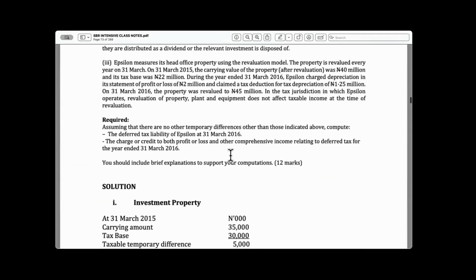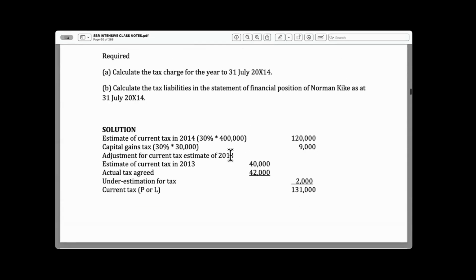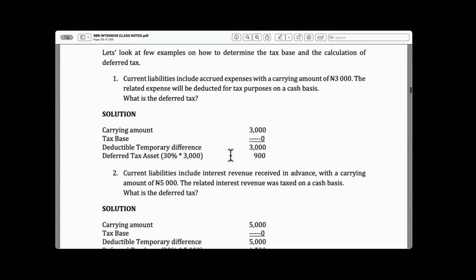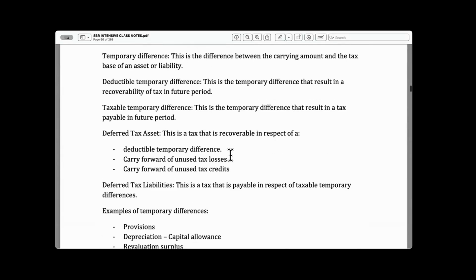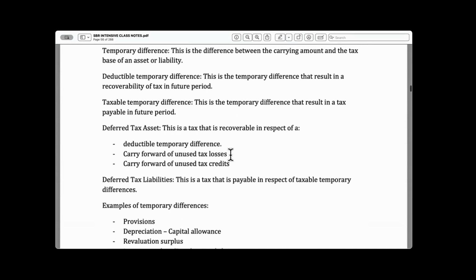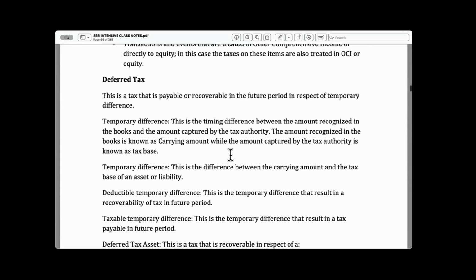So, deferred tax. We said deferred tax is taxes that are payable or recoverable on temporary differences, while current tax is payable or recoverable on taxable profits.